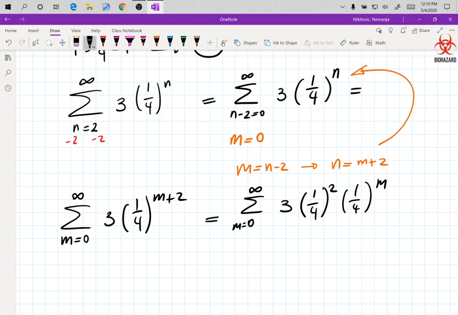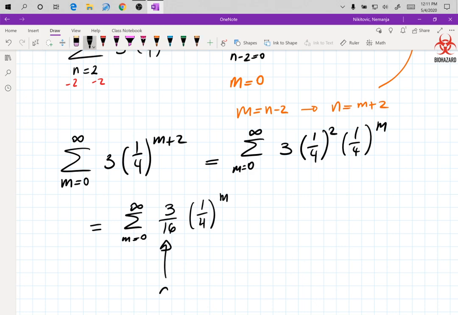This is still m equals 2, right? And this is where you finally see that you are getting 3 over 16 and then 1 over 4 to the m.